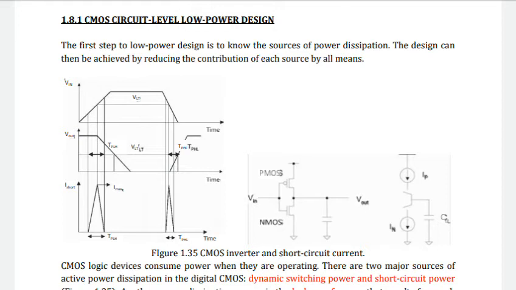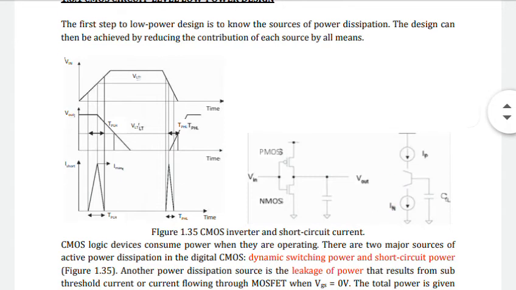First is to identify the source of power dissipation, that is, in which parts the power is consumed more and in which areas the power is consumed less. We have to identify that first.